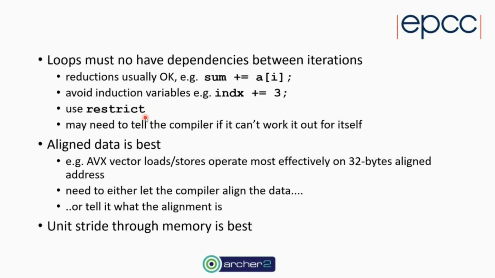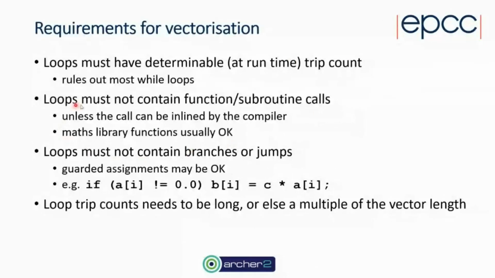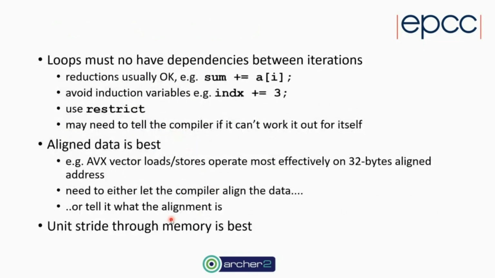And so you need to tell the compiler that it doesn't, or not use pointers in there. So compilers can find it hard to vectorize loops with some of these features. They only vectorize loops which are countable, and inner loops, and only will vectorize one loop, and it shouldn't really have branches or function calls in them.